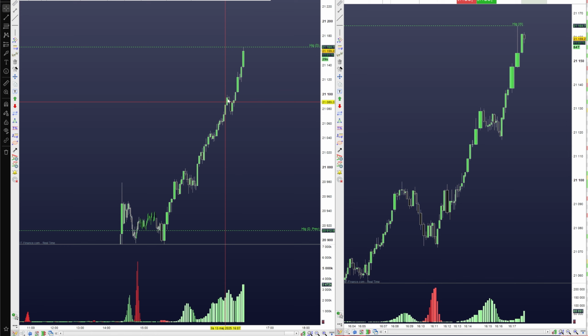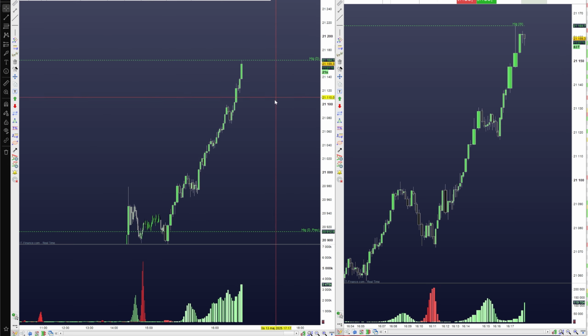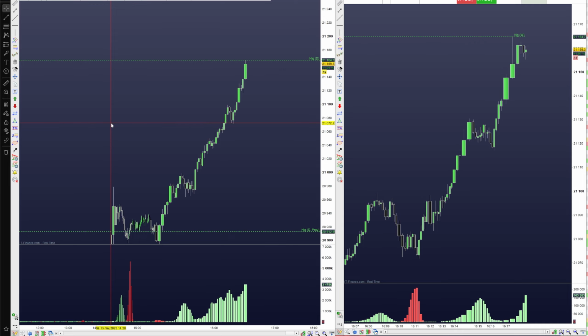As I said before, this is expected at these levels. But yeah, it would have been great being in this trade, but we didn't get the entry we were looking for, so we're just watching the price unfold.